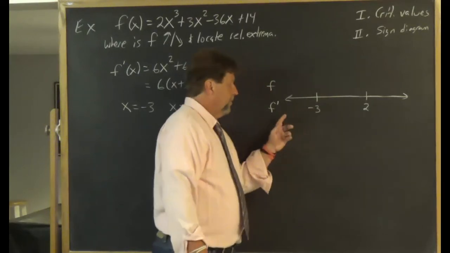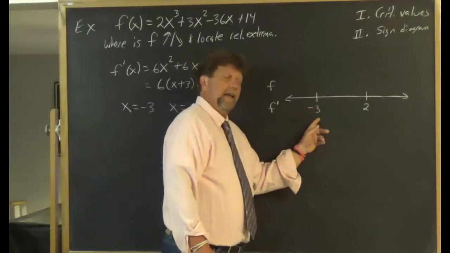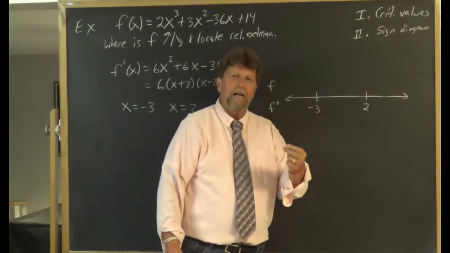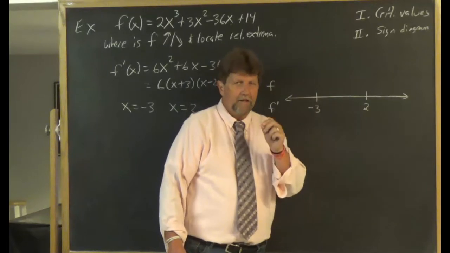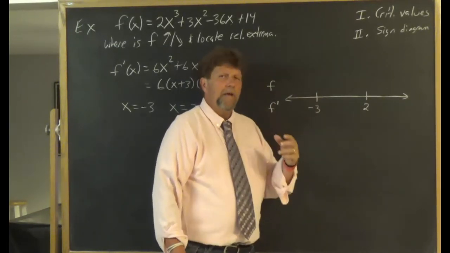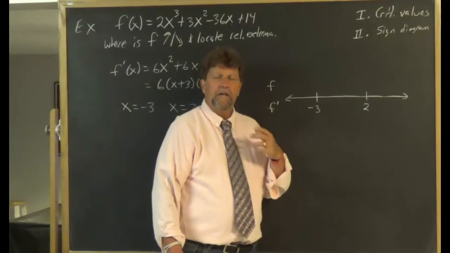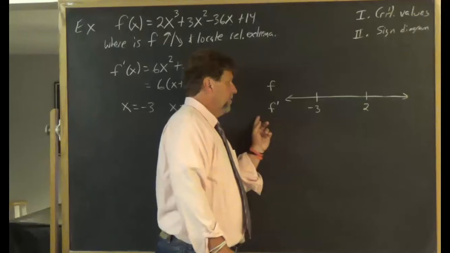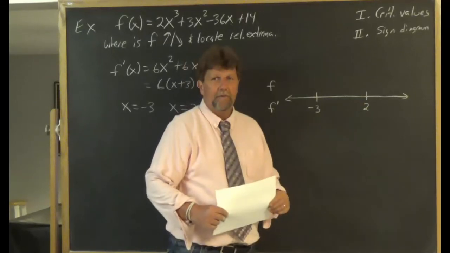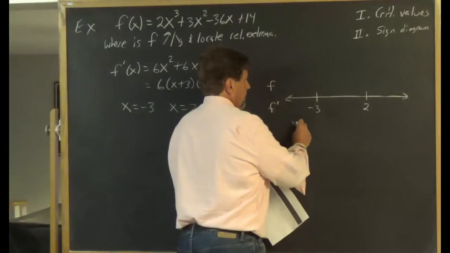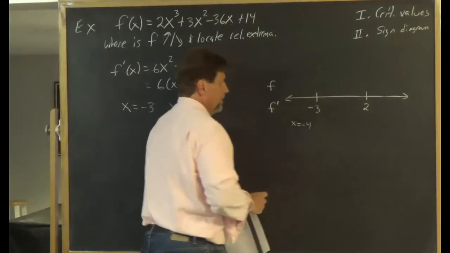So on the interval -∞ to -3, I need to determine if the derivative is positive or negative. And here's the quickest, easiest way to do that. Pick a value of x. Pick anything that you know is definitely in the interval -∞ to -3. I mean, I would pick -4.